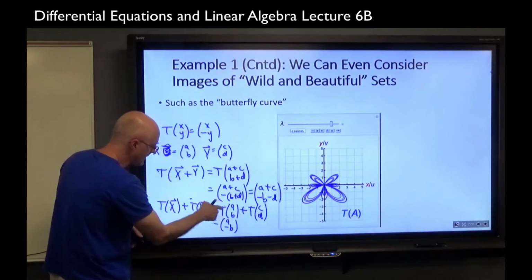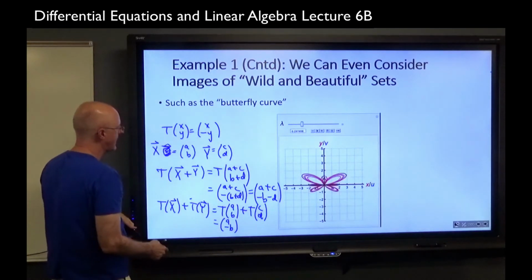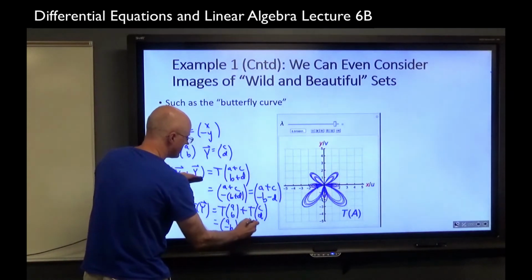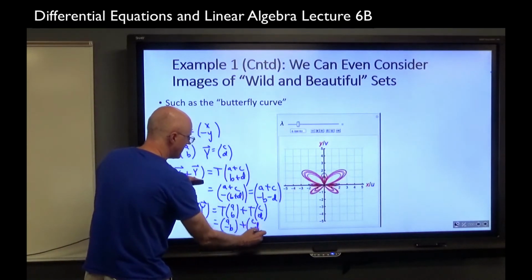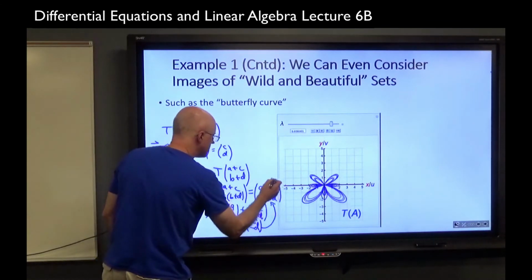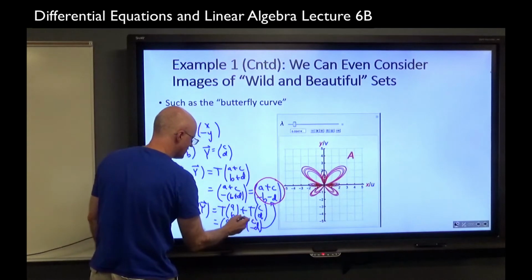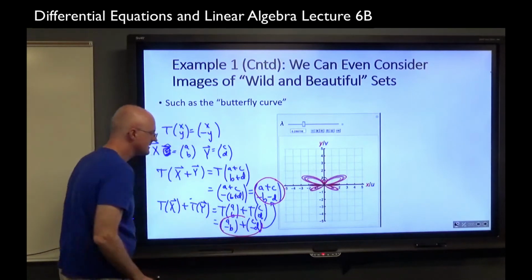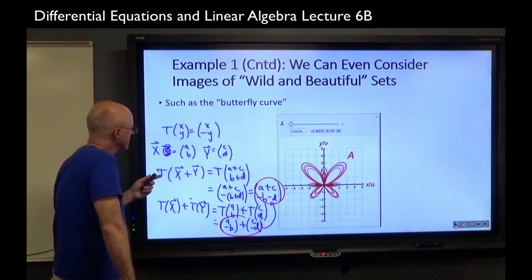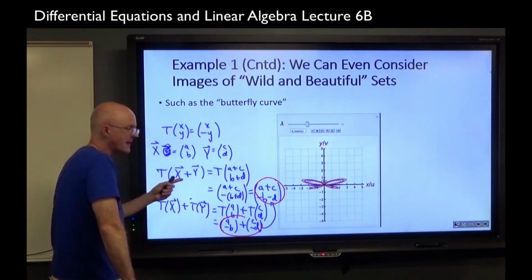These are A's, by the way, not 9s. And then plug in (C, D), you'll get (C, negative D). And that will simplify to the exact same thing. These two things match when you now add these. That's not a coincidence. It's called the operation preserving property of T with respect to vector addition.